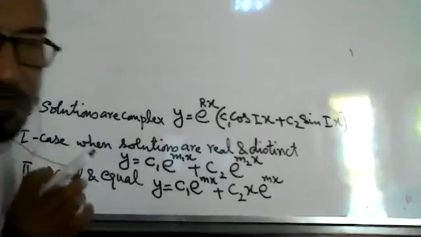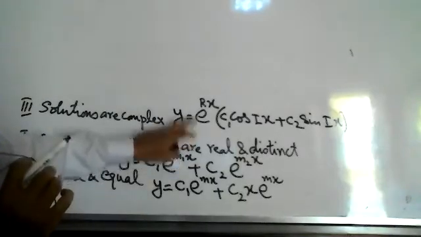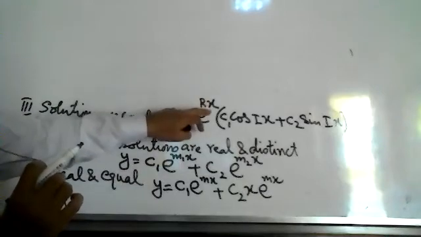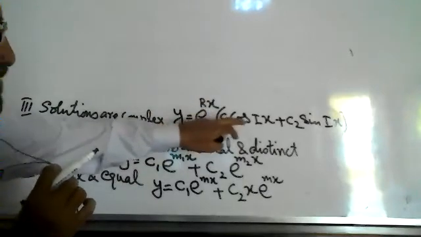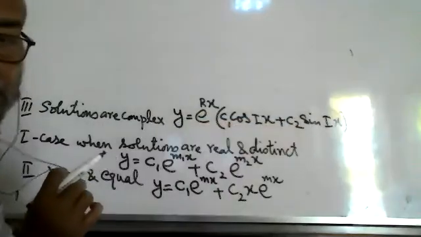These are the two solutions: e raised to power real part into x into C1 cos imaginary part into x plus C2 sine imaginary part into x.